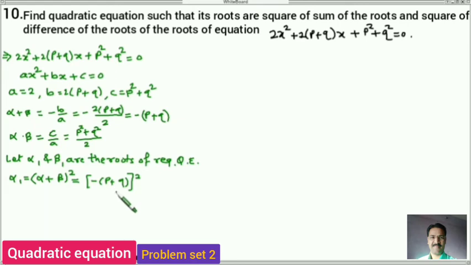So that means square of this minus is nothing but plus. So straightaway we'll write here p plus q bracket square. This much only. Okay, friends. Now the second root, that is beta 1. What is that? Difference of roots of the given quadratic equation, its square. Means what? We'll write here now alpha minus beta.